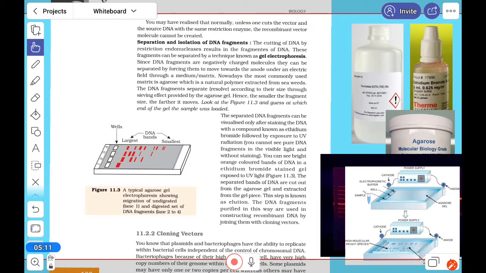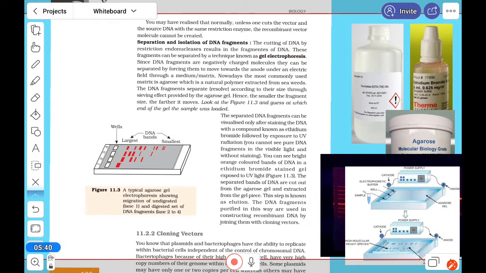When we apply restriction enzymes, we get random small DNA fragments, and if we want to separate these fragments, then we need gel electrophoresis. Here is a gel electrophoresis. You can see this machine.